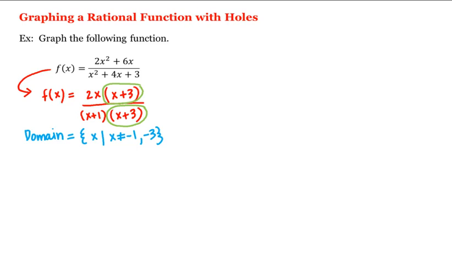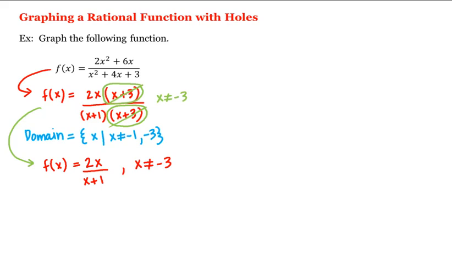But we can put it in simplest form by canceling these x plus 3's as long as x does not equal -3. That is, f of x is equal to 2x divided by x plus 1 as long as x does not equal -3.